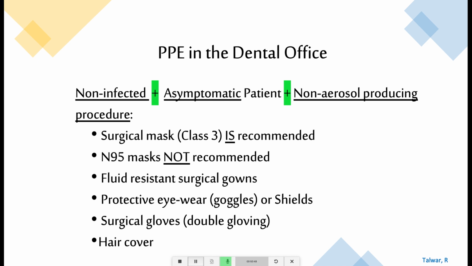Anytime I'm going into the patient's mouth, I'm wearing a class 3 surgical mask, gloves, gown, and hair cover, as well as eye protection. And of course, when I'm doing any sort of procedure, then we go the extra step.